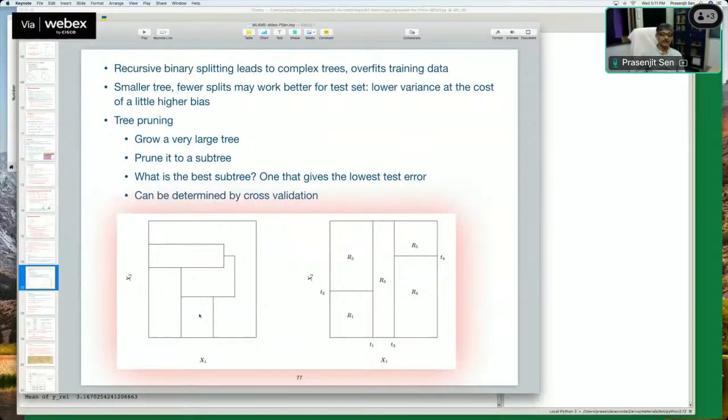This possibly can be obtained by growing a large tree by recursive binary splitting and then doing some tree pruning. These are concepts that you should carry in your head, but the details of how exactly you get a figure like this, you don't need to worry.